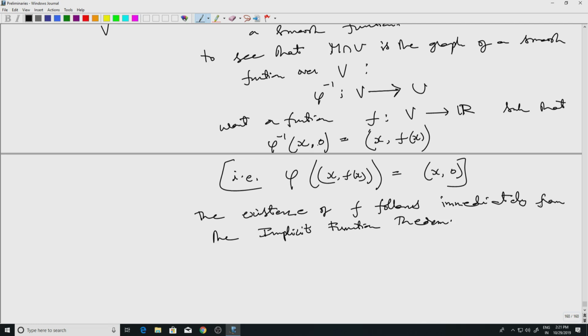But since I won't be using this graphical representation all that much, I don't want to pursue this. So alright, we'll stop here and resume with a description of tangent spaces in my next lecture. Thank you.